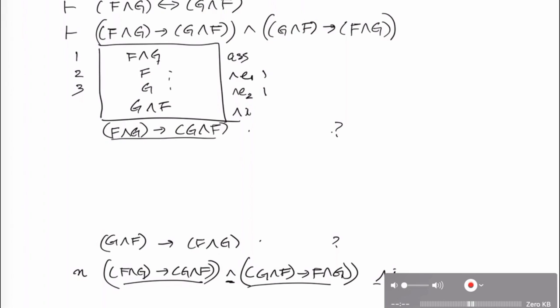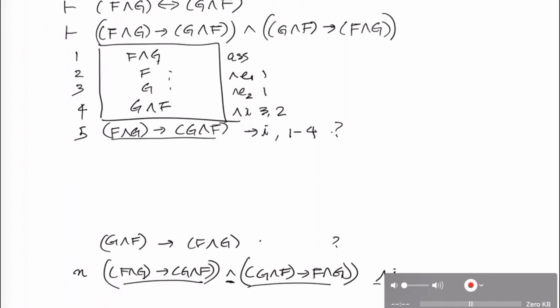For and-introduction, we don't care about the order of these two, so we can shuffle the order. So we get and-introduction for lines 3 and 2. Then we get this line using implication introduction from line 1 to 4.